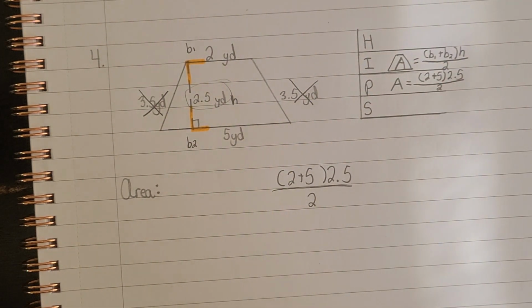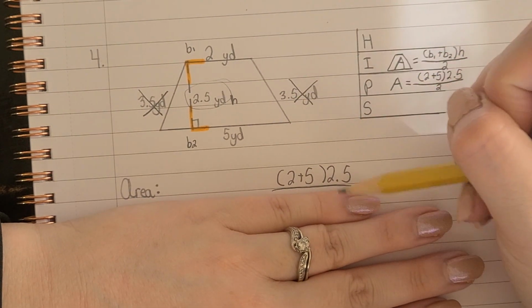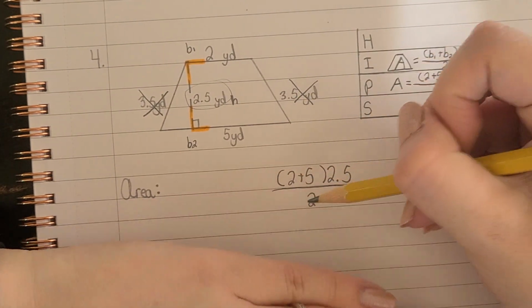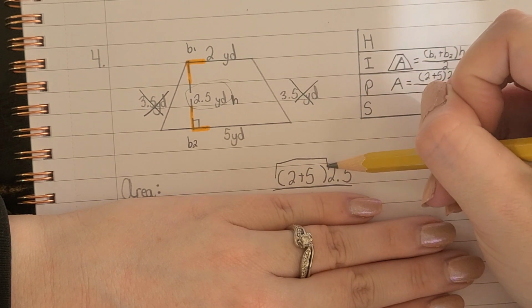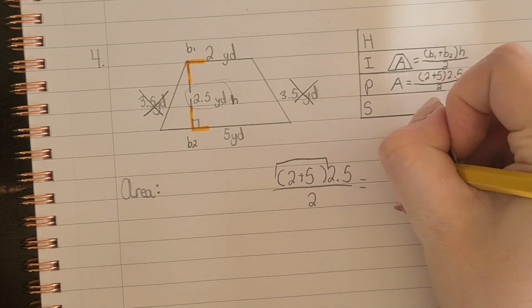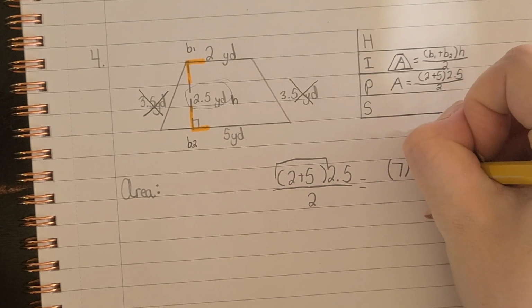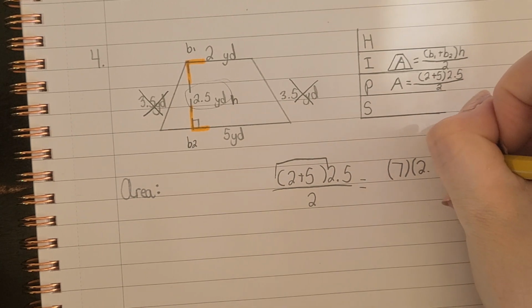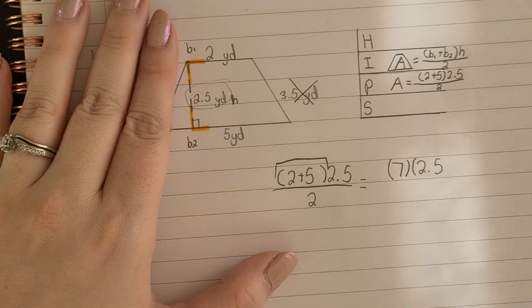All right. First things first, you have to solve the top line before we can divide at the end, since it's on bottom. So we're going to do our group first. All right. What is 2 plus 5? That is going to give us 7. I'm going to leave it in parentheses to show that we are multiplying times this 2.5. Oh, I miscopied my problem.